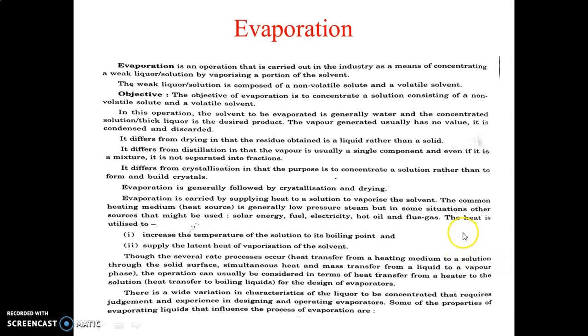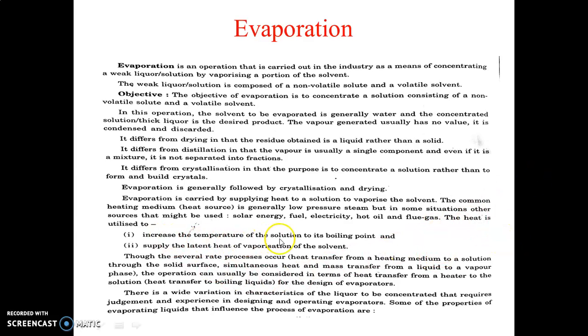Generally the common heating medium, that means the heat source for evaporation, is low pressure steam, and sometimes solar energy, fuel, electricity, hot oil or flue gases are used for heating. And what is the heating purpose in evaporation?